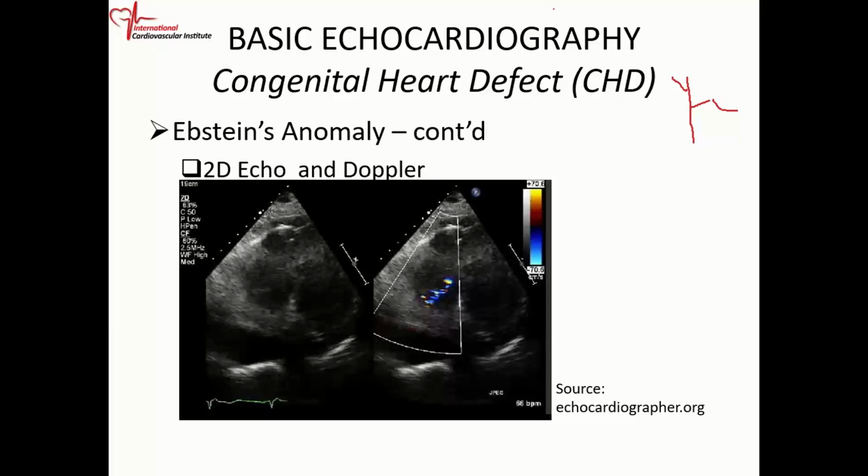Okay, so in our next session, when we're looking at cases, we look at cases of coarctation of the aorta. We look at Ebstein anomaly.